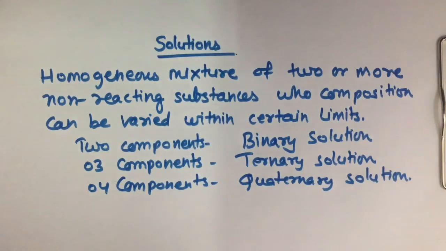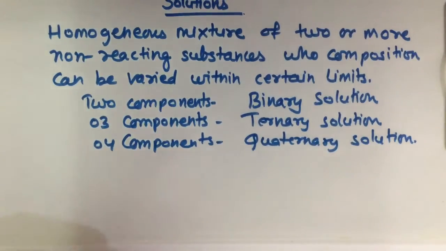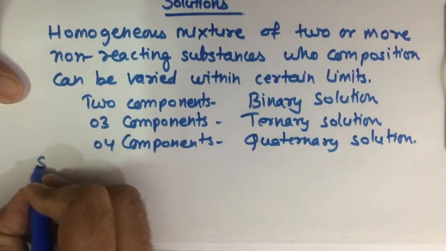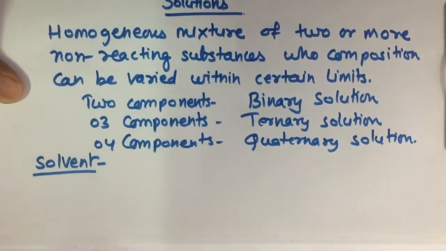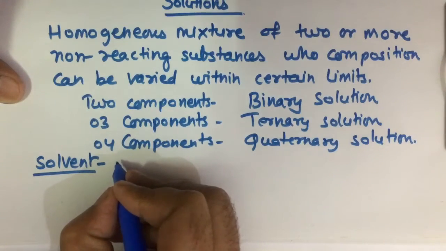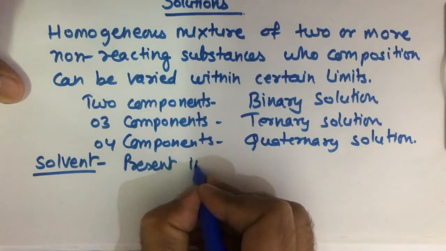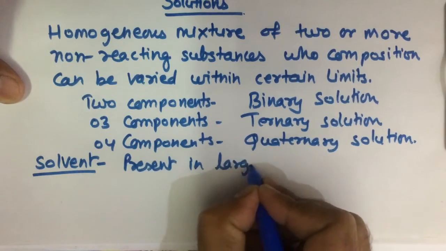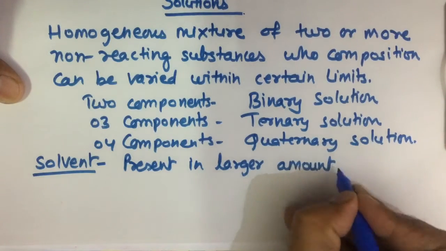Now consider a binary solution which has two components. One component is called as solvent. Solvent, it is generally present in more amount, so it is present in larger amount.